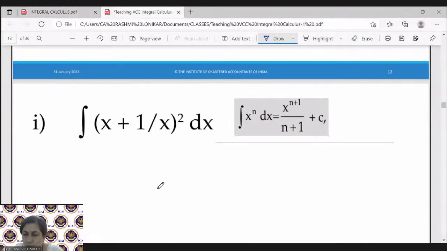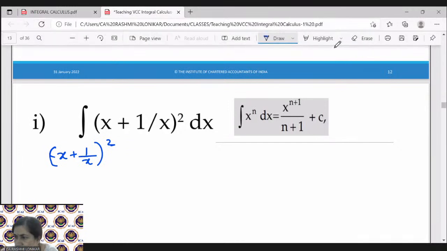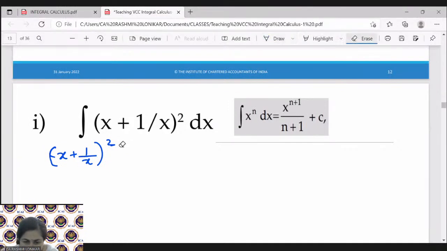Now here, in integration, if I have something squared or cubed, it is better that I expand it and then find the integration of the individual terms rather than trying to do it together. Okay, so here I have x plus 1 upon x the whole square, right? This is the integration I want to find out.